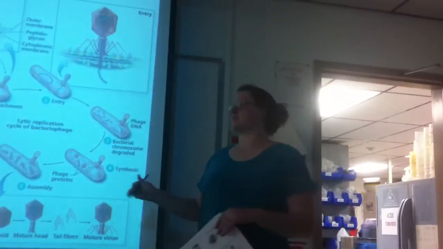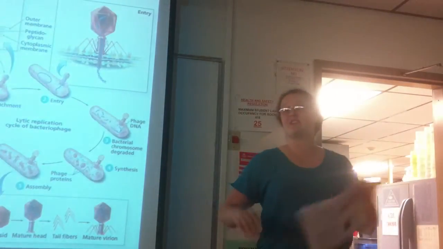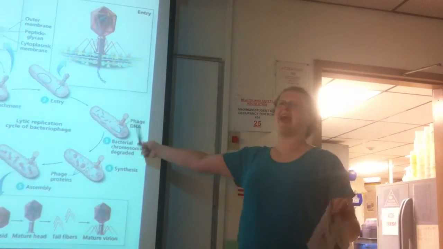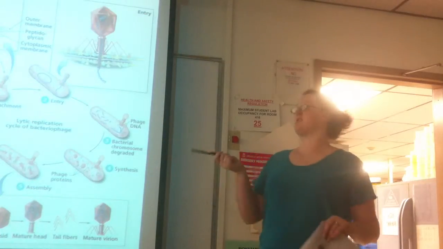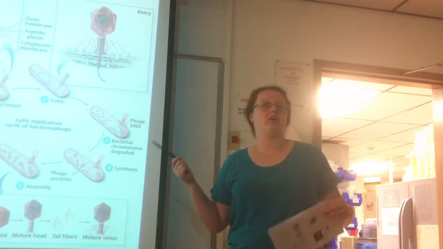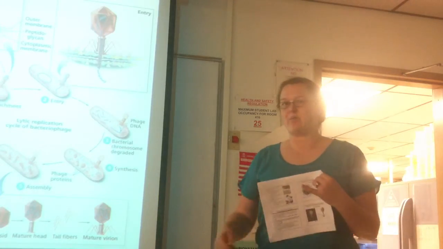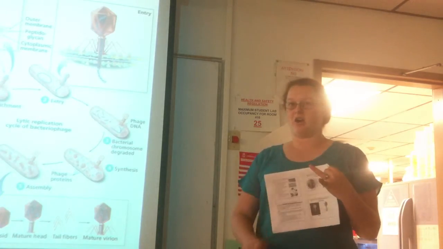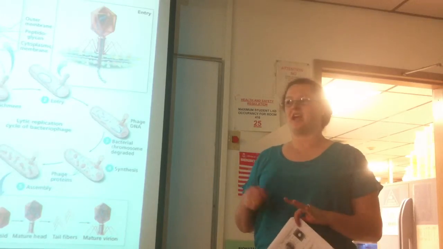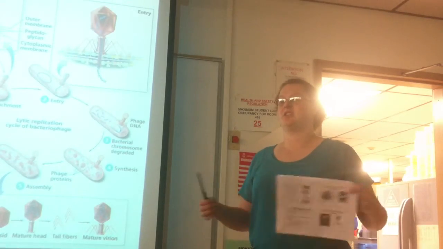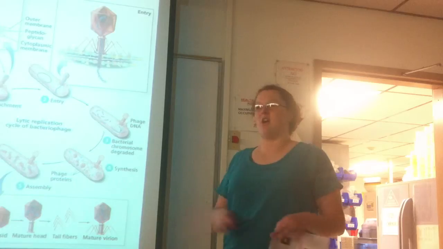Basically, you get rid of the host's instructions, so now you only have the phage's instructions. The host still has all of the machinery to do DNA replication, RNA transcription, and translation. So it just hijacks all of it.